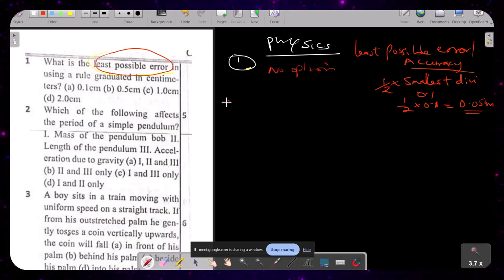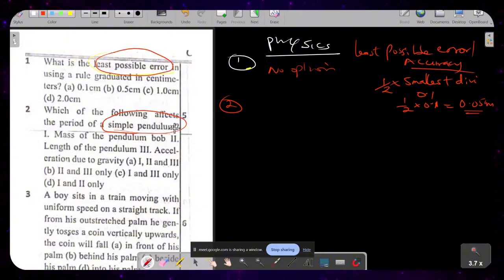Then question number two says, which of the following affects the period of a simple pendulum? Remember one thing about the simple pendulum.